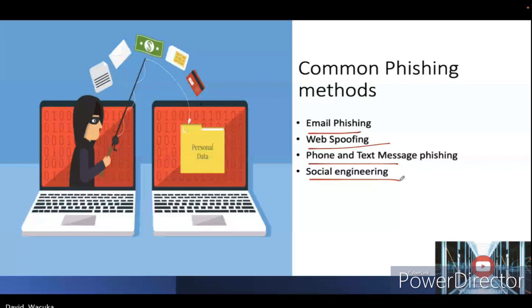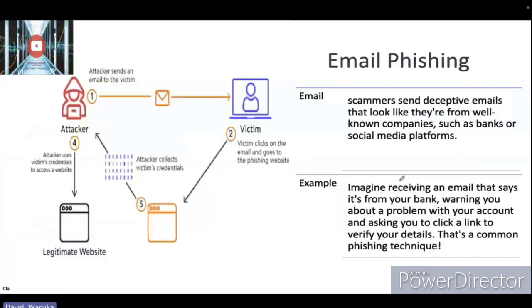Like I have mentioned, the scammer sends deceptive emails that look like they are from a well-known company, such as banks or social media platforms. So what happens is the attacker will send an email to the victim.